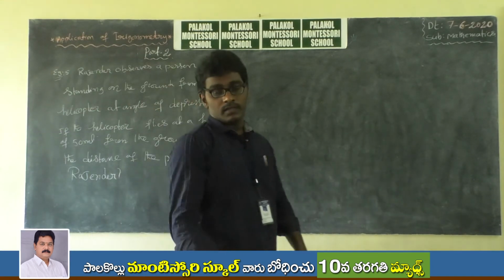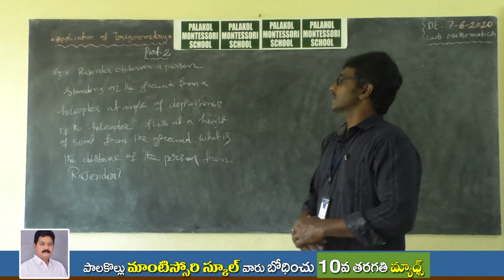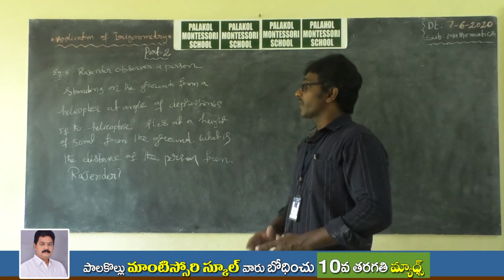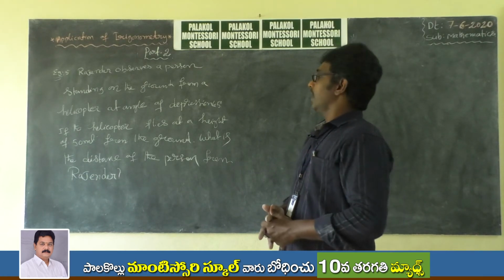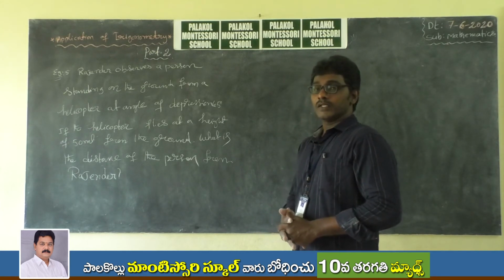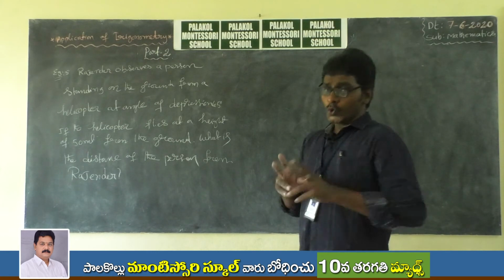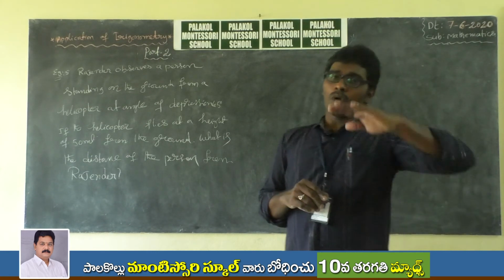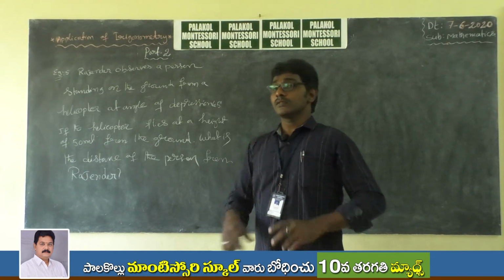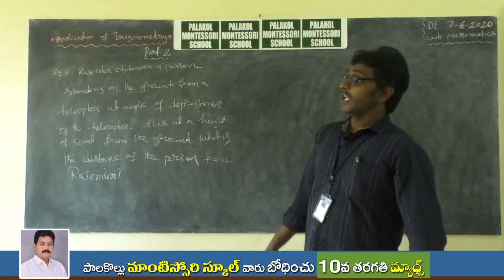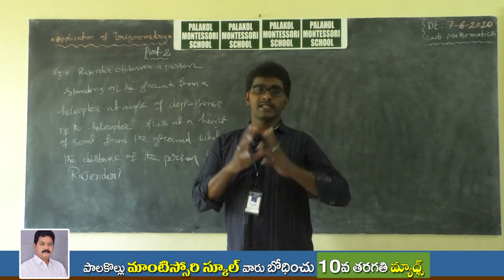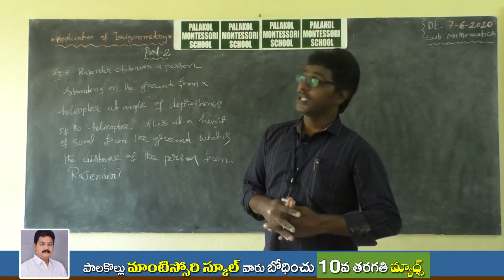Okay guys, first read the sum. Rajendra observed a person standing on the ground from a helicopter at an angle of depression of 45 degrees. So in this sum, two persons are there. One person is on the ground, another person is in the helicopter. The person in the helicopter is named Rajendra.